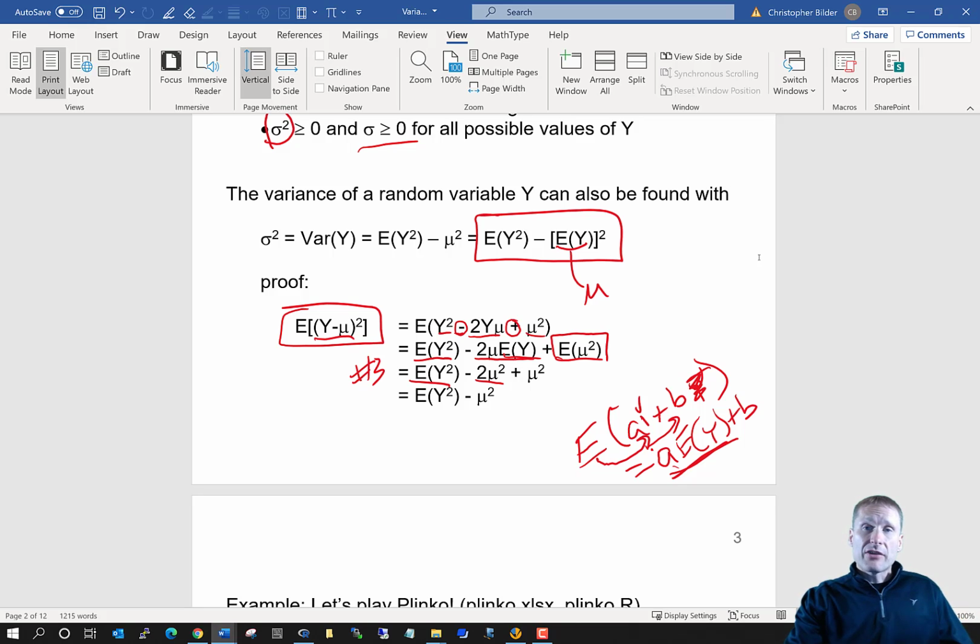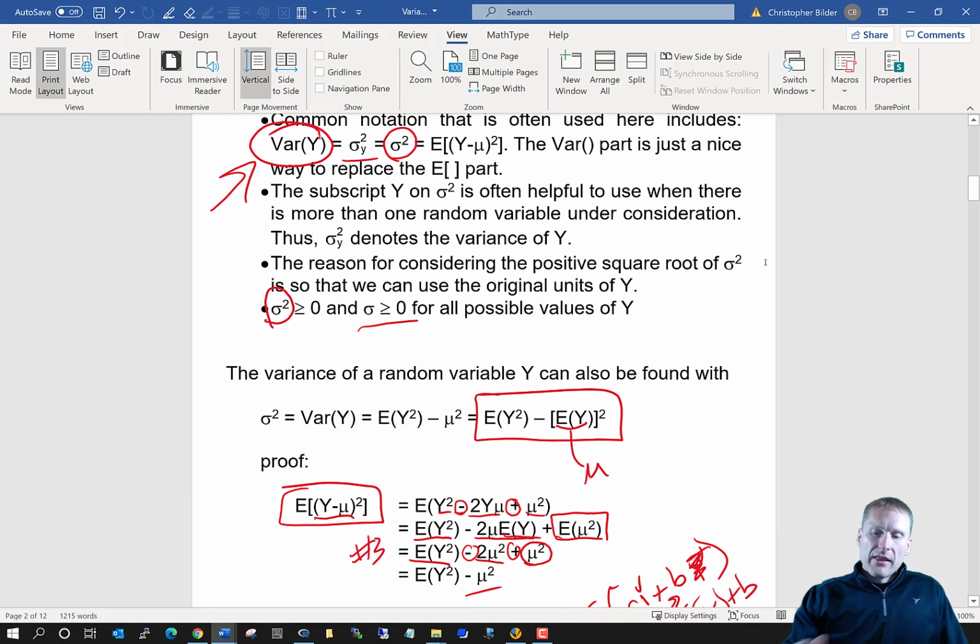Like with the transaction type example, the expected value of y there was 30 seconds. What's the expected value of 30 seconds? It's 30. What's the expected value of 30 seconds squared? It's 30 seconds squared. Because of that, the expected value out in front simply disappears. So I have a 2 mu squared, and I have a mu squared. Notice I have a minus and a plus, so if I subtract, I get minus mu squared in the end.